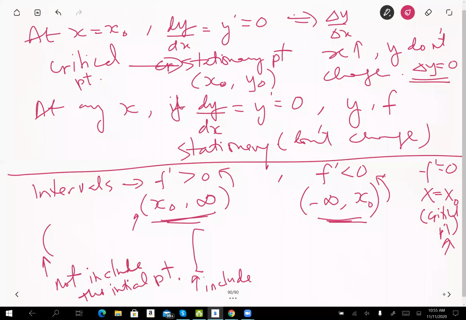We will not have an interval where some points are negative and some points are positive. If you have that, break it down again into 2 intervals. So the bottom line is for each interval, the f prime behavior is consistent, either positive or negative. And there is one point, we call it the critical point, where f prime is equal to 0. Any question about that?